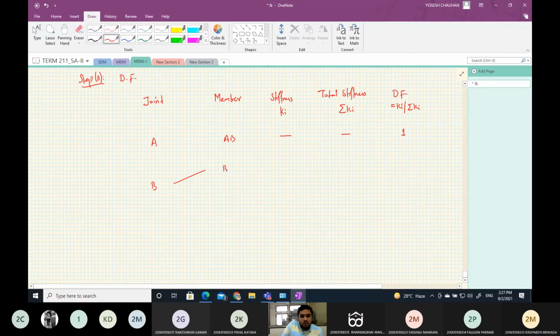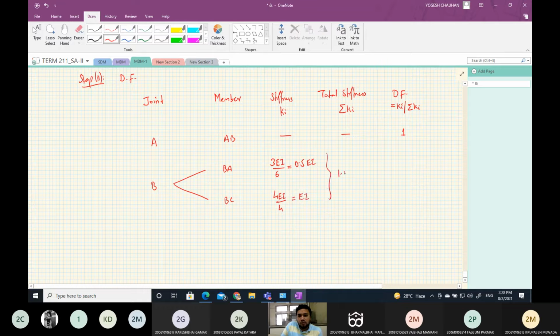B, it is connected to BA and BC. The stiffness will be 3EI by 6, so it is 0.5 EI, and for BC it is 4EI by 4, this is EI.